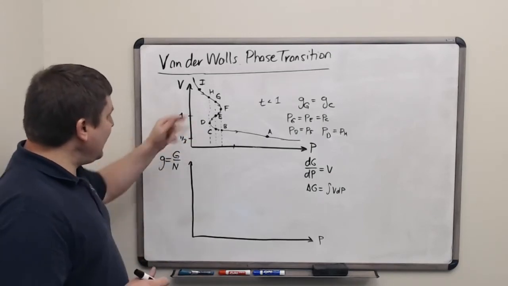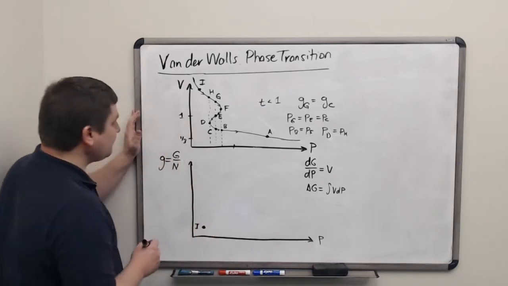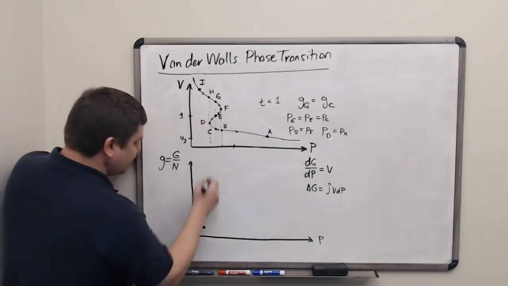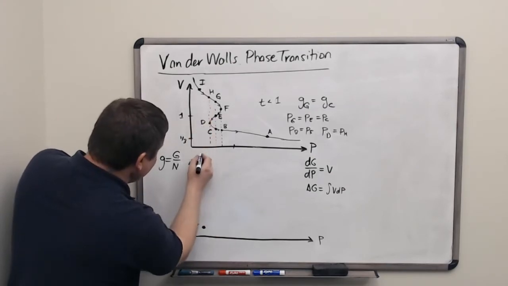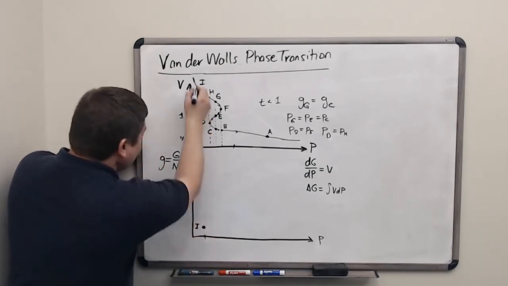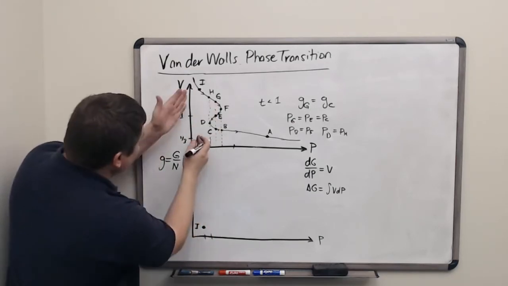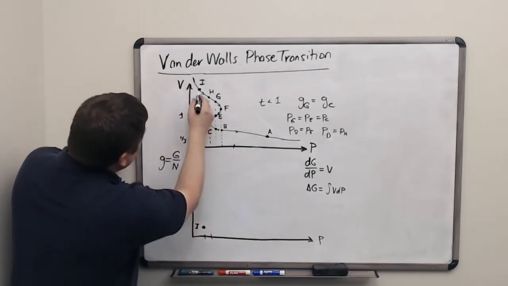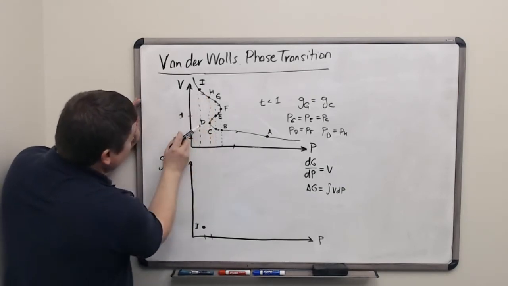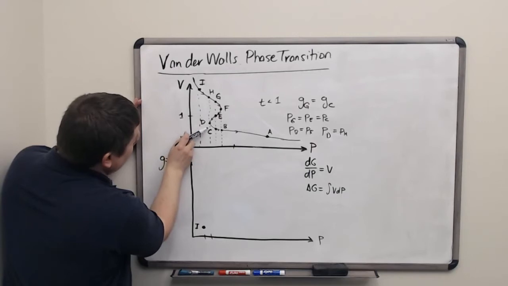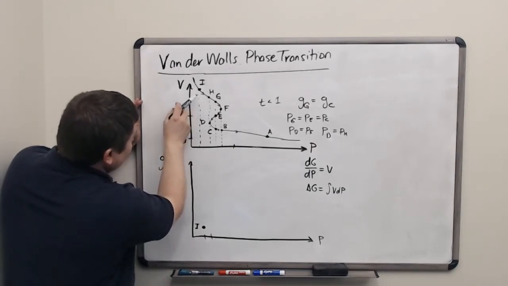Let's start at I, which will be the lowest Gibbs free energy on the plot. As we go from I to H, we're at the same pressure all along a vertical line here. So as we go from I to H, we have a change in Gibbs free energy due to this area here enclosed between these two vertical lines, the axis and the isotherm.